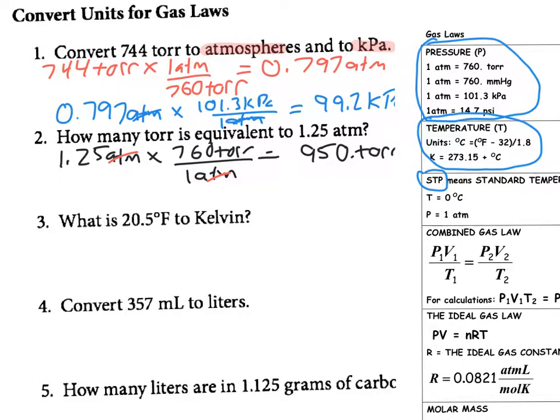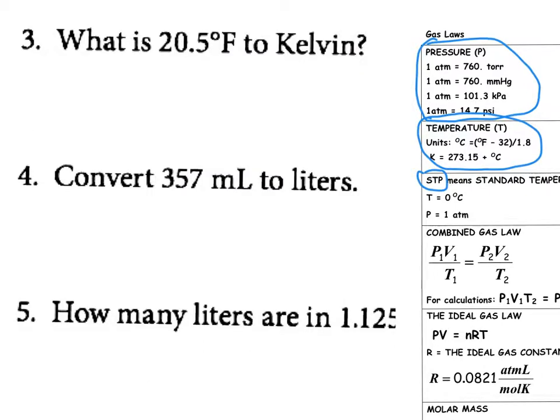Okay, the next one is a temperature conversion, from Fahrenheit to Kelvin. What I want to do first is get that Fahrenheit into degrees Celsius. I will do that by taking the formula, degrees Celsius equals degrees Fahrenheit, my 20.5, minus 32, divided by 1.8.